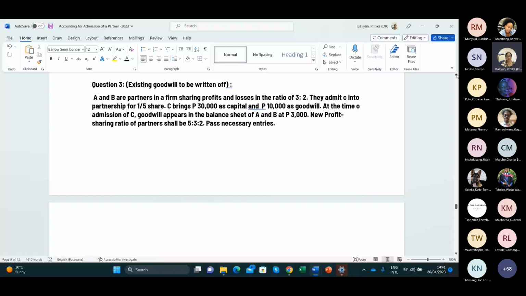A and B, who were sharing profit and loss 3:2, admit a new partner by giving him a 1/5 share in the business, and he brings the capital and the goodwill. First of all, we have to make the journal entries for the capital and the goodwill they bring into the business.